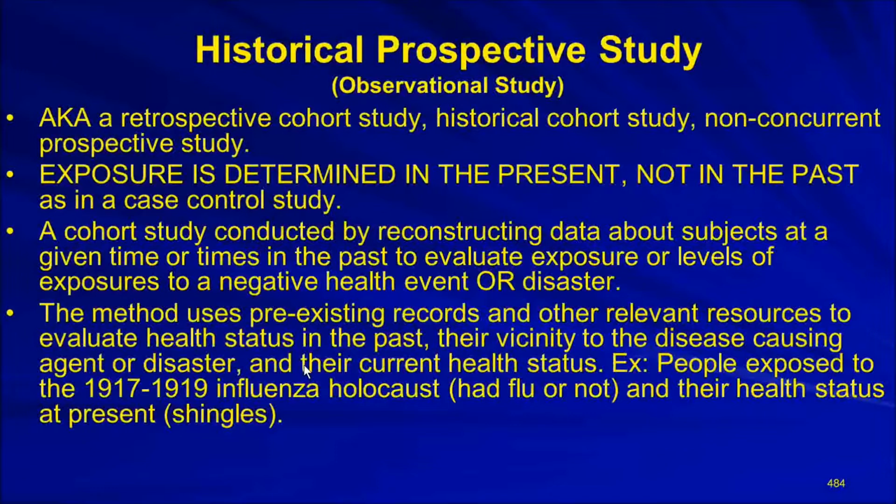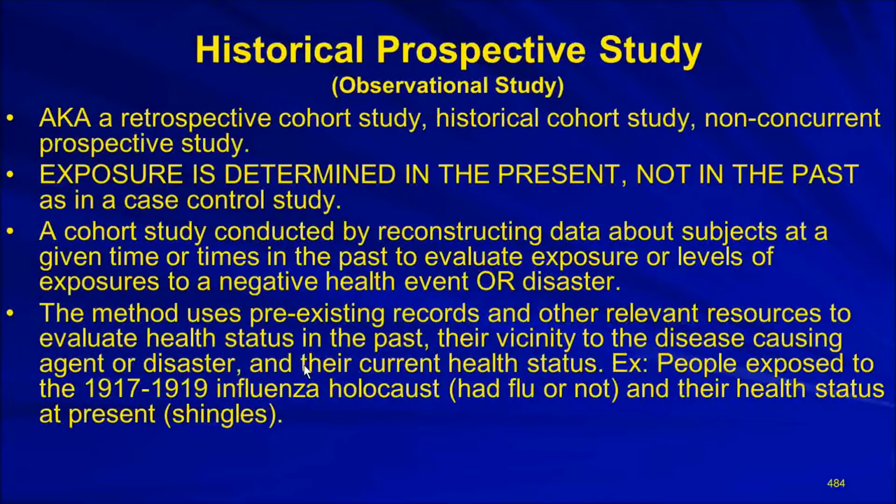For example, people exposed to the 1917 through 1919 influenza holocaust and their health status at present. And we know that many people that went through it, that survived it, had shingles. So we look at the present, we say, okay, who had exposure to the 1917 through 1919 influenza holocaust?